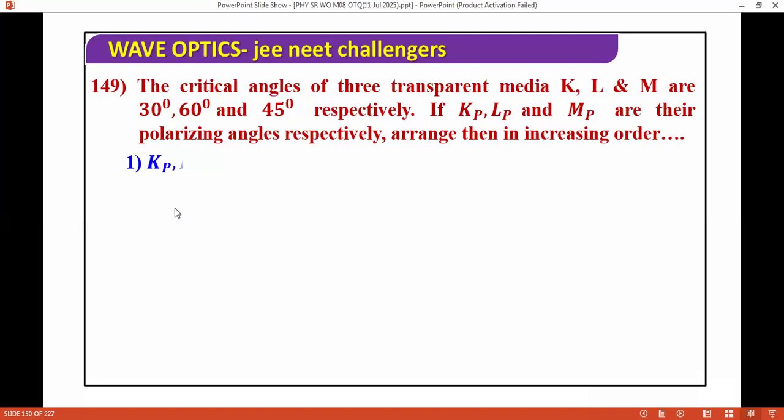Next question I'm moving ahead: the critical angles of total internal reflection at interfaces K, L, and M are 30, 60, and 45 degrees respectively. KP, LP, MP are the polarizing angles respectively. Arrange them in descending order.